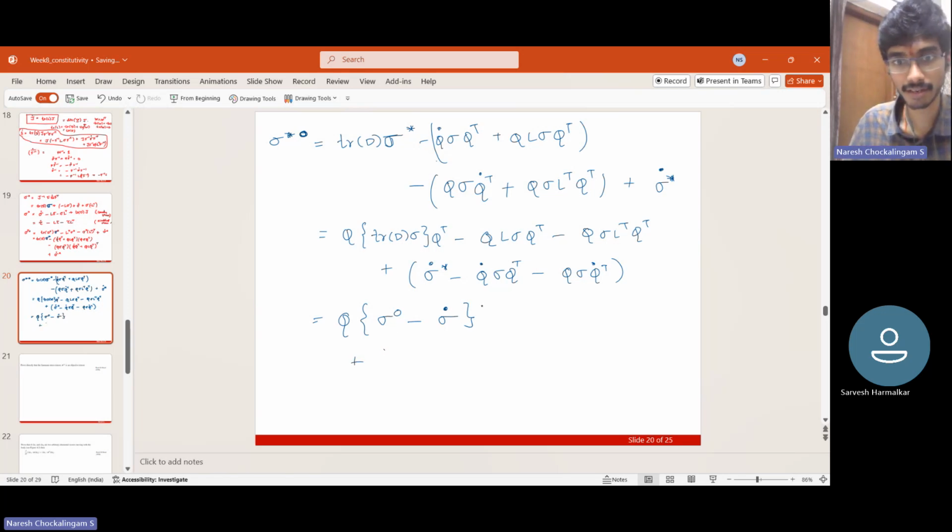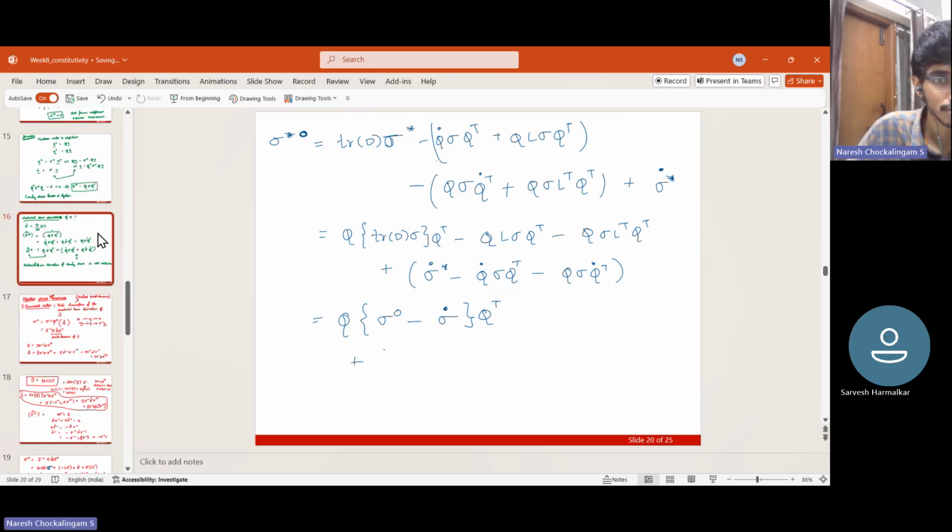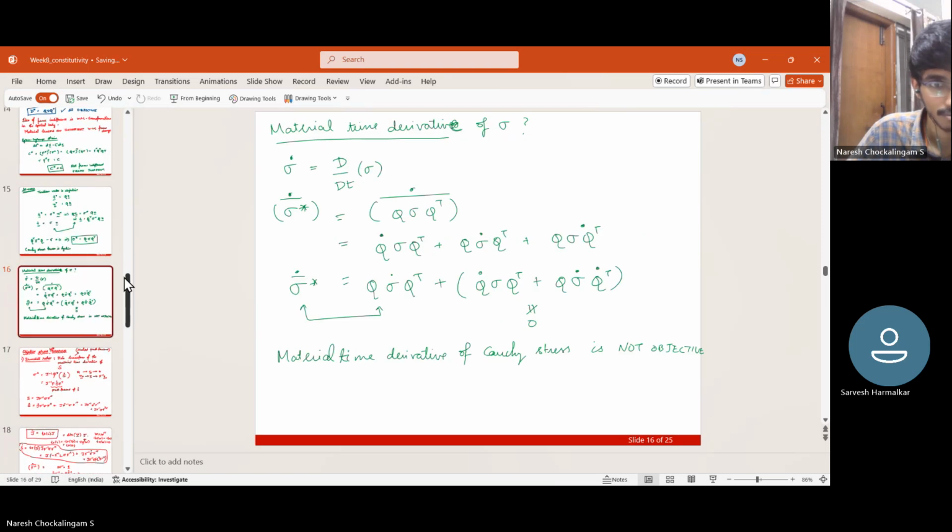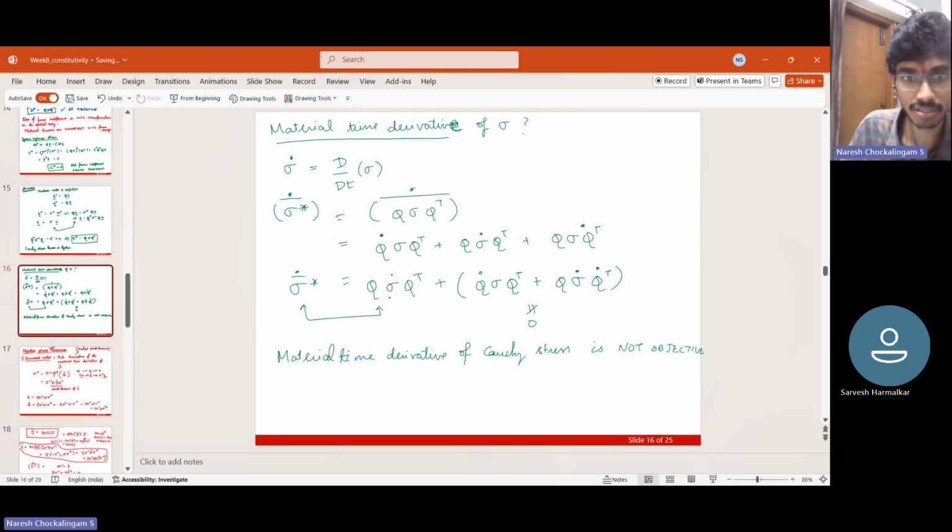We have a Q transpose here, and from the second term, we have a sigma dot star. But what is sigma star dot? We saw that it is not objective. Sigma star dot is Q sigma dot Q transpose plus something else, right? So we will write it as it is, which means sigma star dot. These two are the terms appearing there.